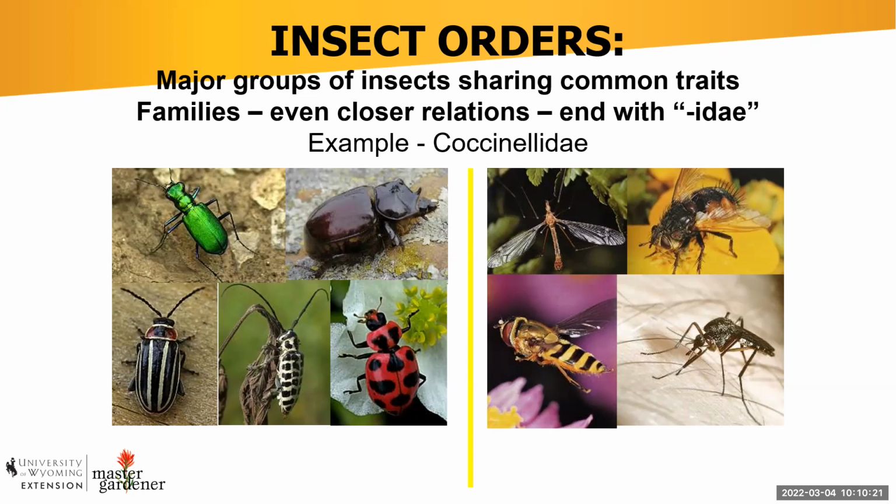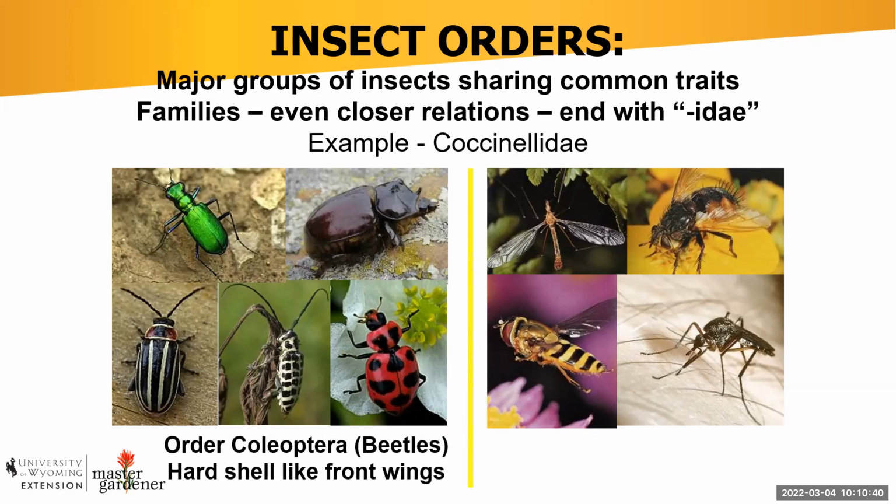Because it's the most diverse group of animals on the planet, insect orders are very important. So we place them into groups that you probably all know by their common names, things like the beetles and what we call true flies, which are in the order Diptera, meaning 2 wings. They all have these common traits, and within those orders are families.